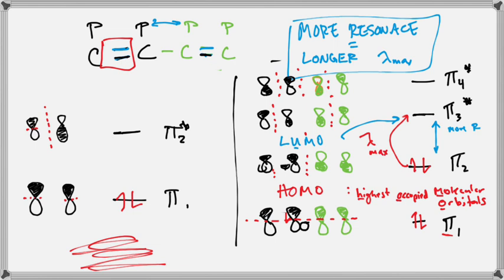So the highest was to differentiate pi 2 away from pi 1. The lowest is to differentiate pi 3 away from pi 4. But as we increase in bond, pi 3 is absolutely higher in energy than pi 2. And we could see that with the increase in the number of nodes. More nodes, higher energy.